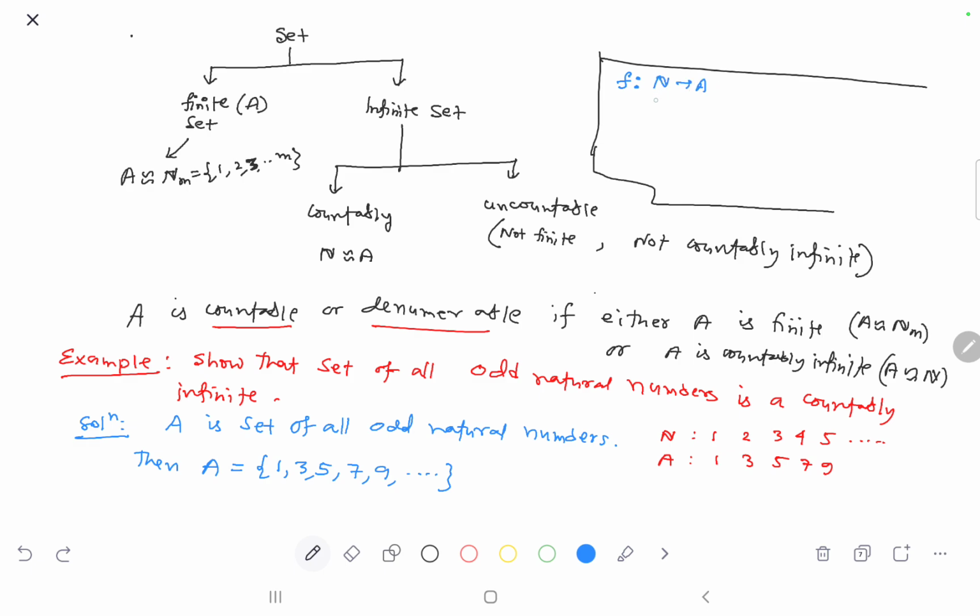So let me make a table. 1 goes to 1, 2 goes to 3, and 3 goes to 5, and 4 goes to 7. Are you getting any formula? In general, if you put x here, then where do we send it?